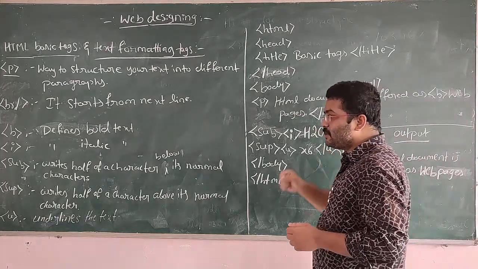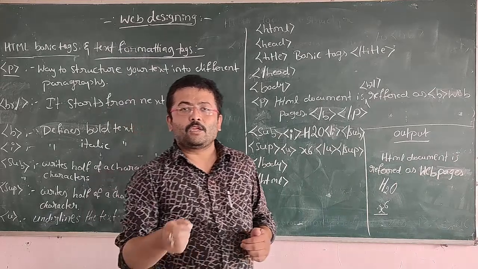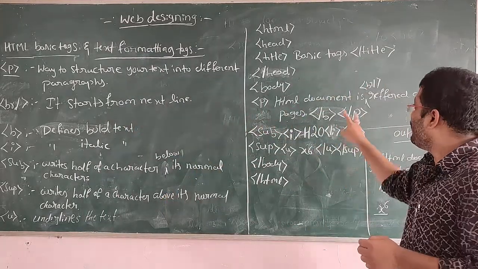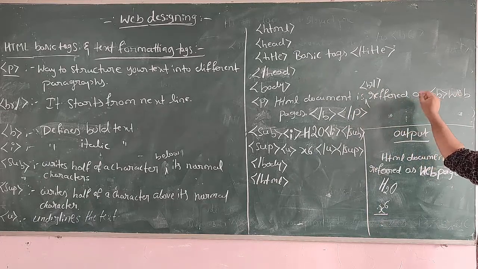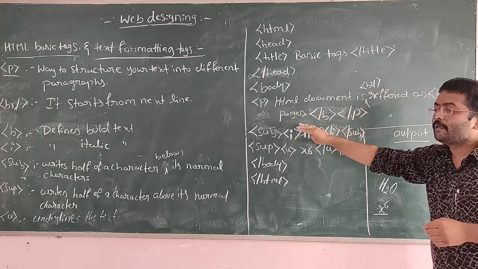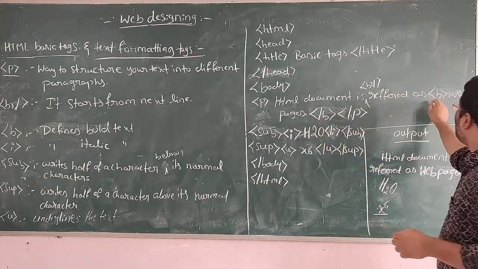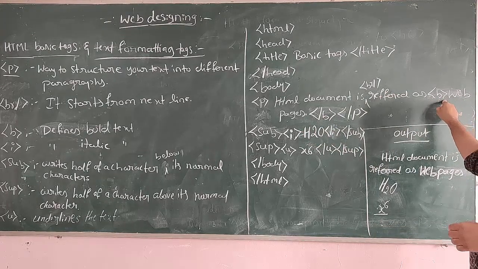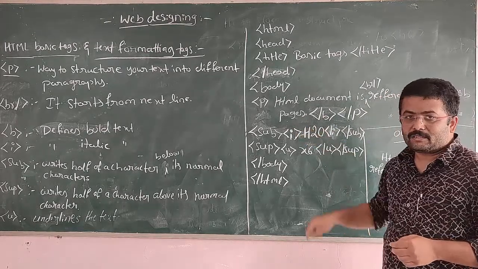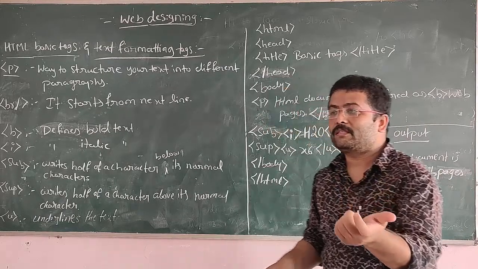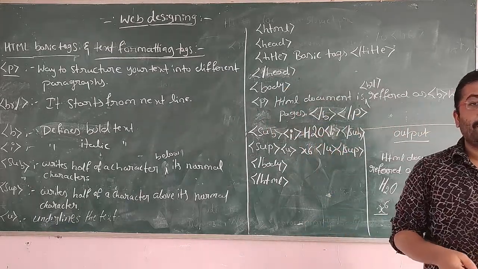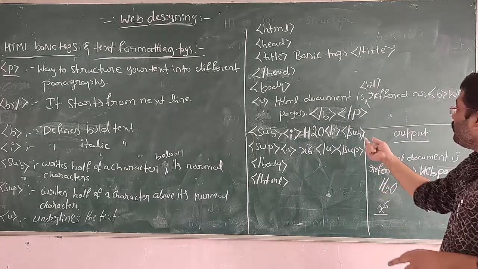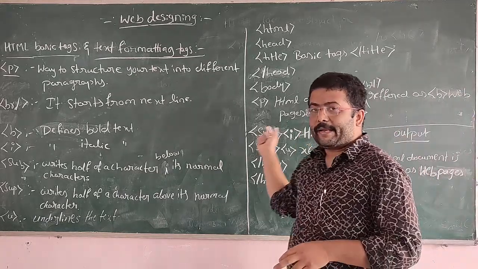So the BR tag is used to break the line. So after the BR tag, whatever the text will be, it will be displayed in the next line. So I am using the bold tag for web pages. So only web pages will be displayed in bold text. So here I am ending the paragraph tag.